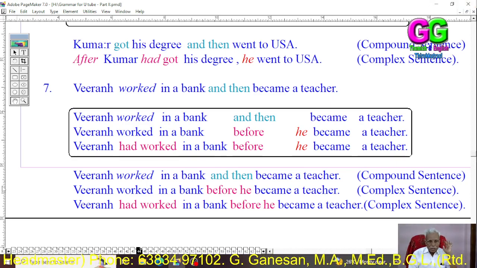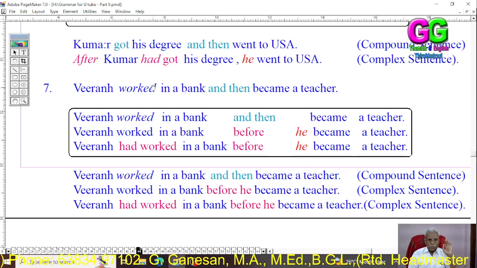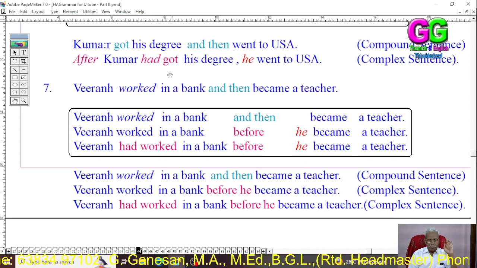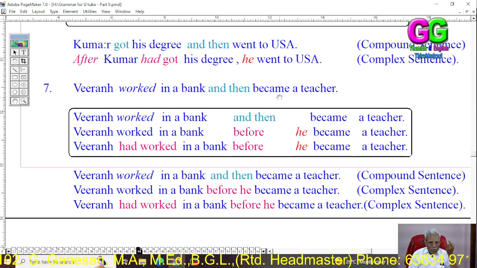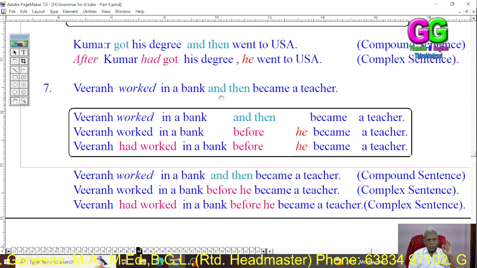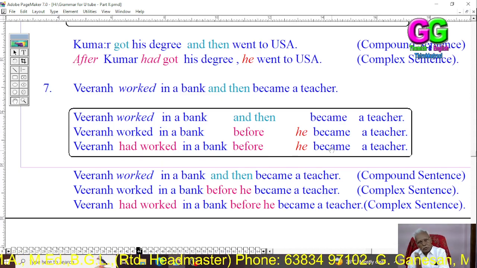Okay? So here I go. This is the first action, this is the second. Working in a bank is the first action. Becoming a teacher is the second action. So here, I have used "before" before the second action.